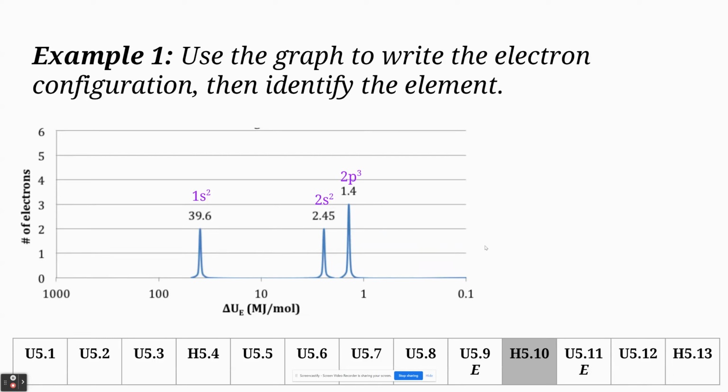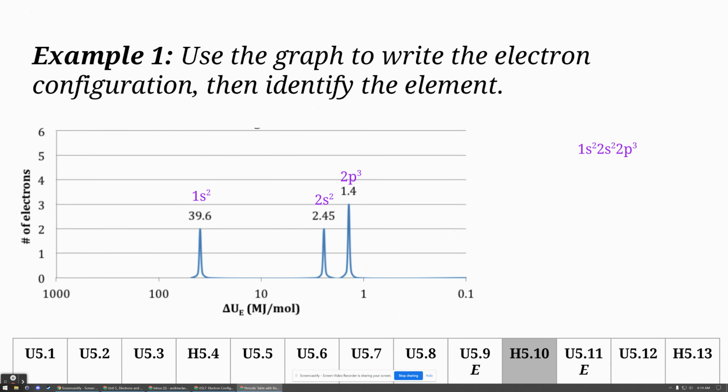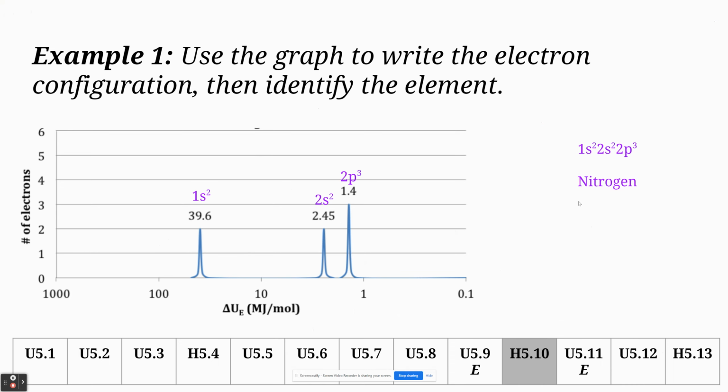So if I want to identify this element, its configuration is 1s2, 2s2, 2p3. If I look at my periodic table, 2p3 is 1, 2, 3. So here's 2p3, it's nitrogen, because it's the third one in the 2p row. So that is nitrogen.